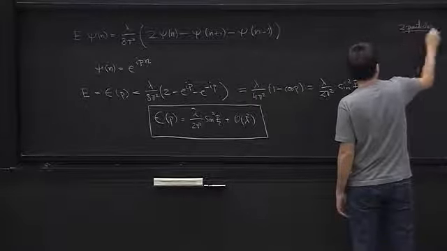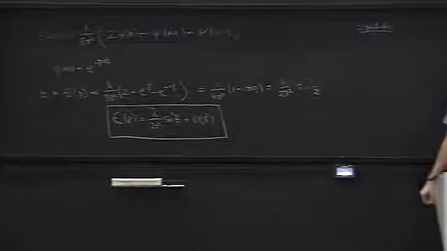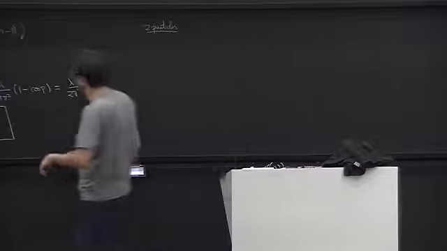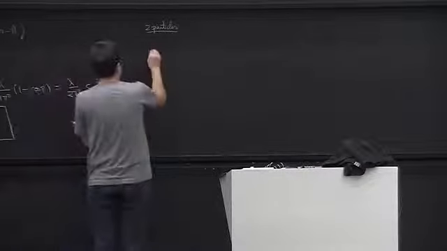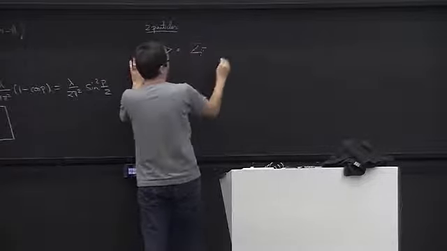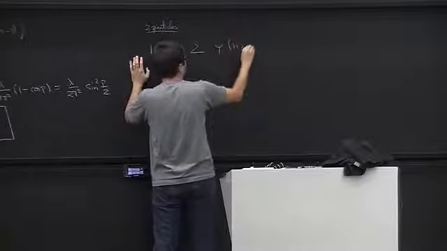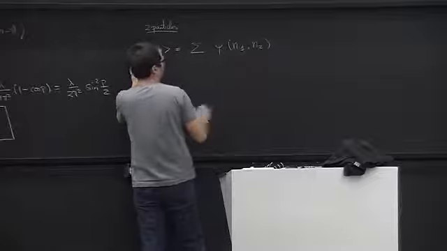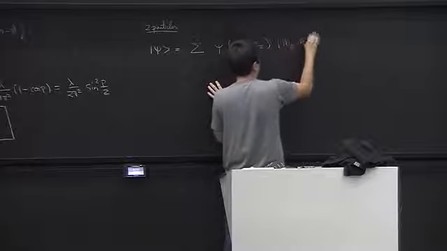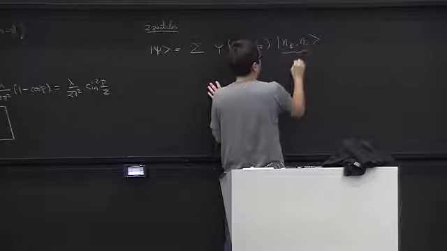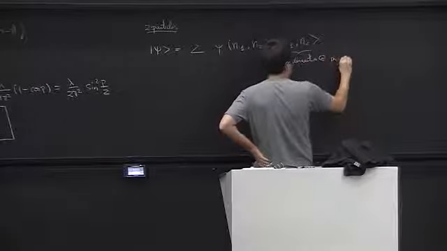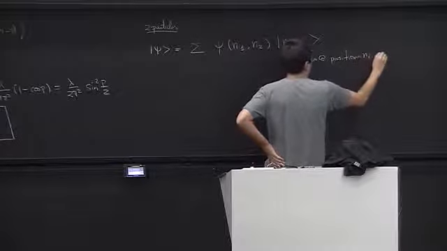Two particles are more interesting because they can start interacting with each other. Okay, very good. So we take two particles and we write a wave function psi, which would be a sum over some wave function psi that depends on n1 and n2, and then the state with a derivative at position n1 and n2.